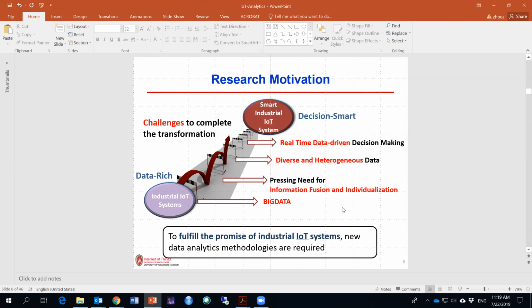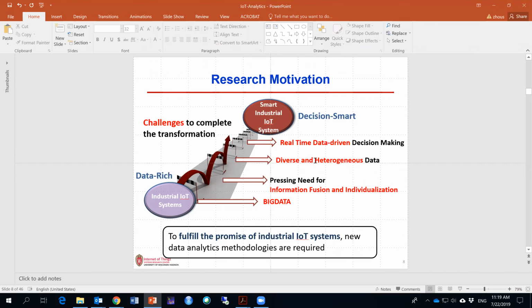So we need the information fusion. We can learn from each other, collect the shared information, get information from shared data. But on the other hand, we also need the model individualization, that we want to make decision for individual device.